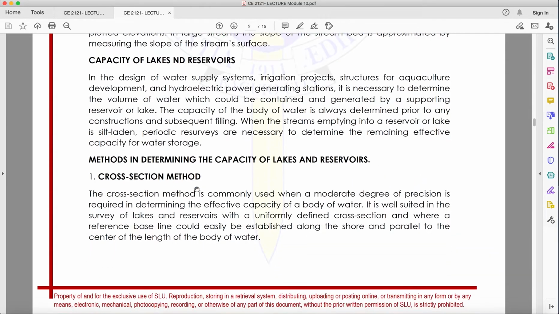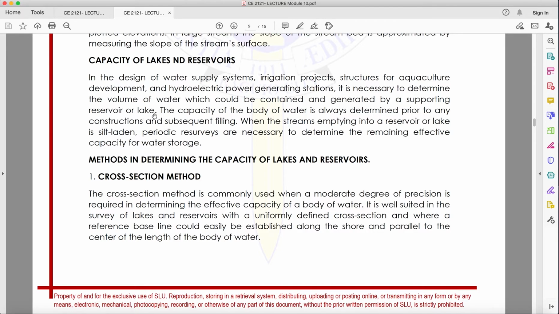Next would be the capacity of lakes and reservoirs. In the design of a water supply system, which is the system that supplies water to areas, for example a residential or urban area, from our reservoir to the end consumer, as well as irrigation projects, structures for aquaculture development, and hydroelectric power generation stations, it is necessary to determine the volume of water which could be contained and generated by a supporting reservoir or lake.